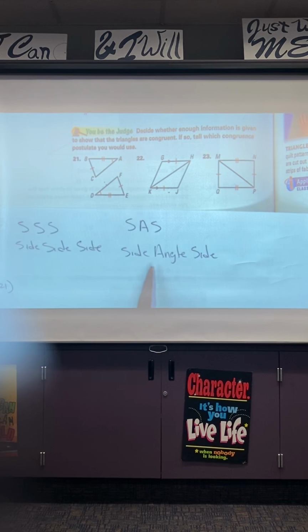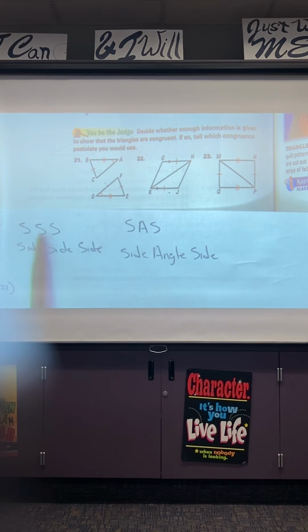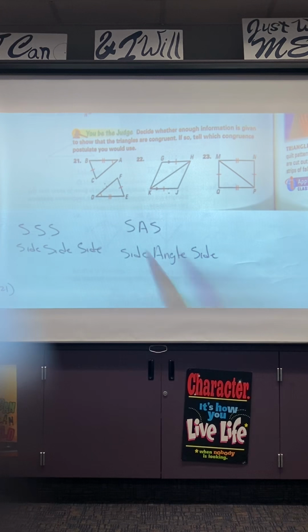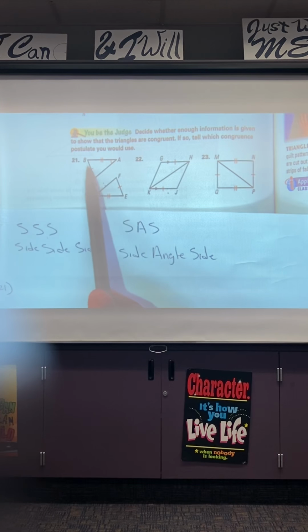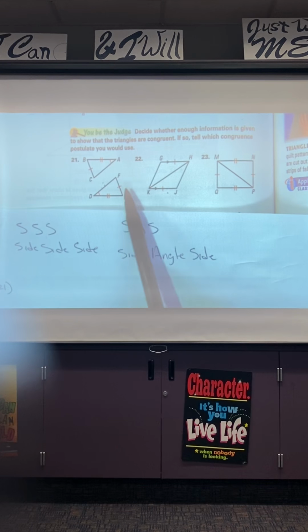Now let's take a look at the second postulate, which is side, angle, side. And remember, they have to follow the same pattern in order for us to determine that the 2 triangles will be congruent. So we have a side here, and also BC and FE, the congruent side.